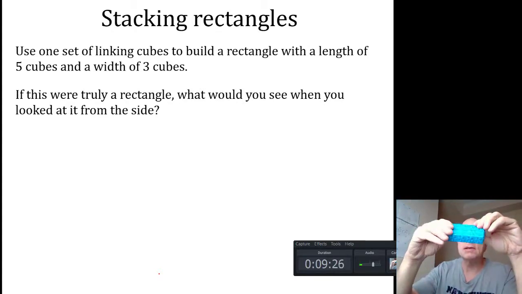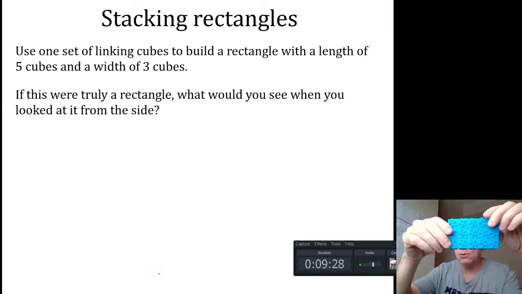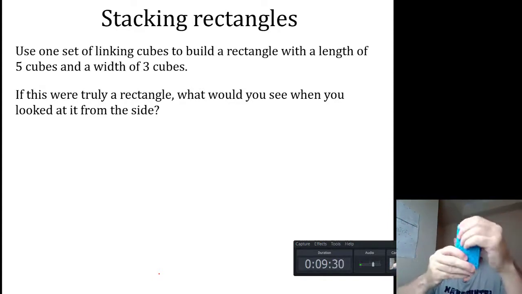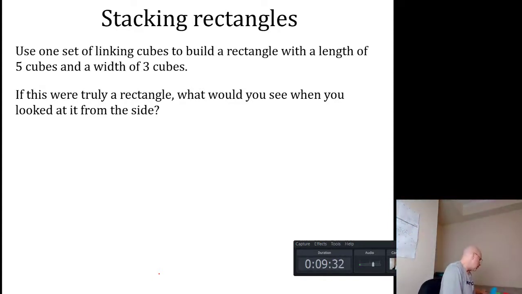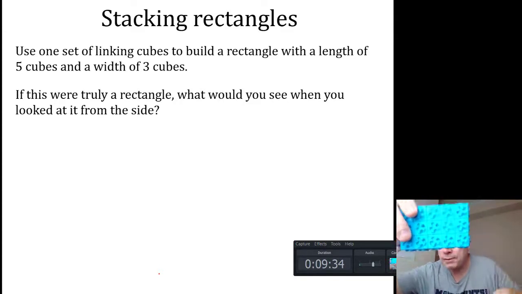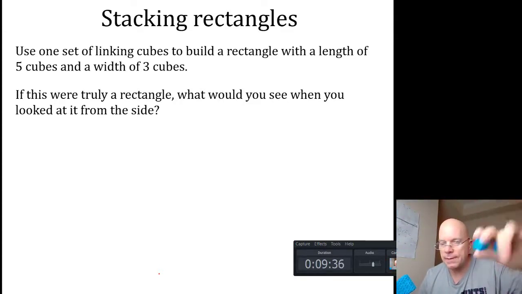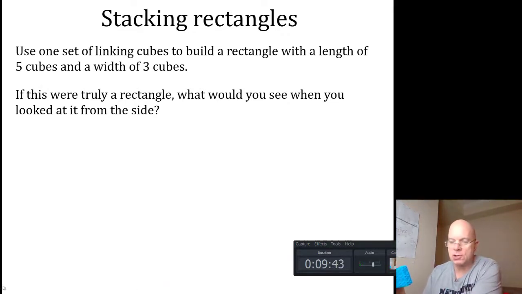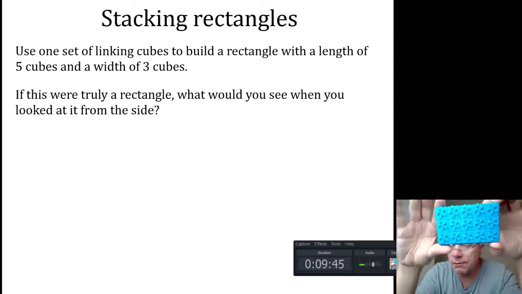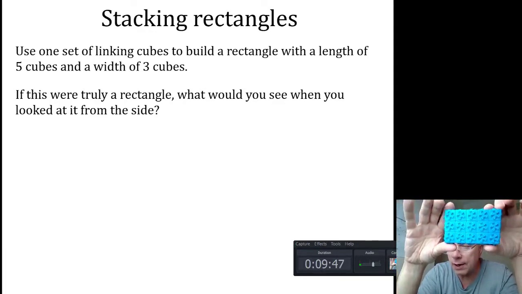But the reason you can see this one is because it's not a rectangle, it's a rectangular prism. It's three-dimensional. It's not made up of squares, it's made up of cubes. So three-dimensional space is cubic units, two-dimensional space is square units. You're very familiar with square units, we did a whole unit on that.